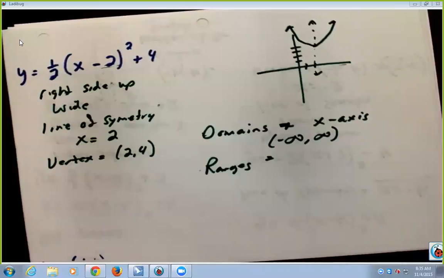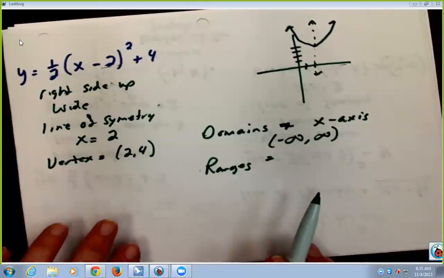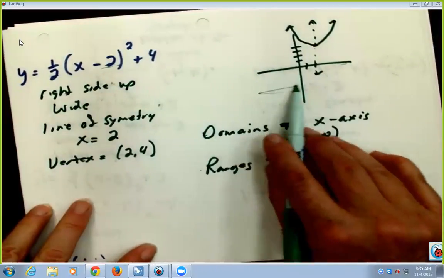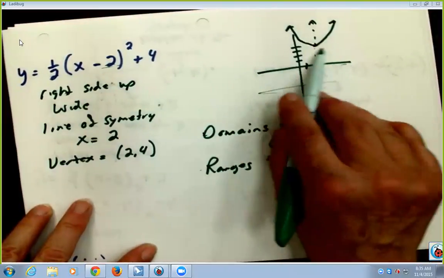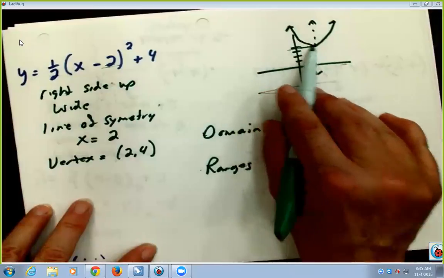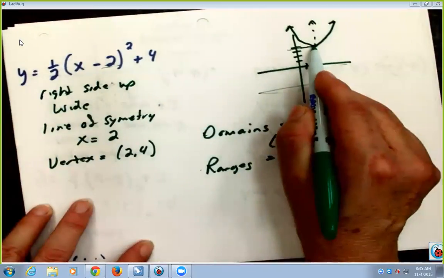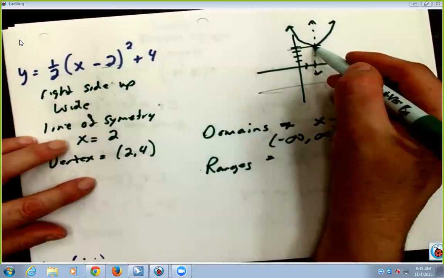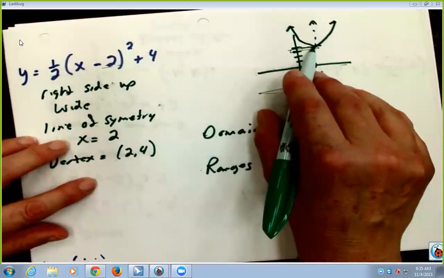Now my range is a little different, because my range is the y-axis. So if I go down here, I don't see anything, and I only hit something when I get right there. So I'm only hitting a value at that point. What value did I find to be at that location?